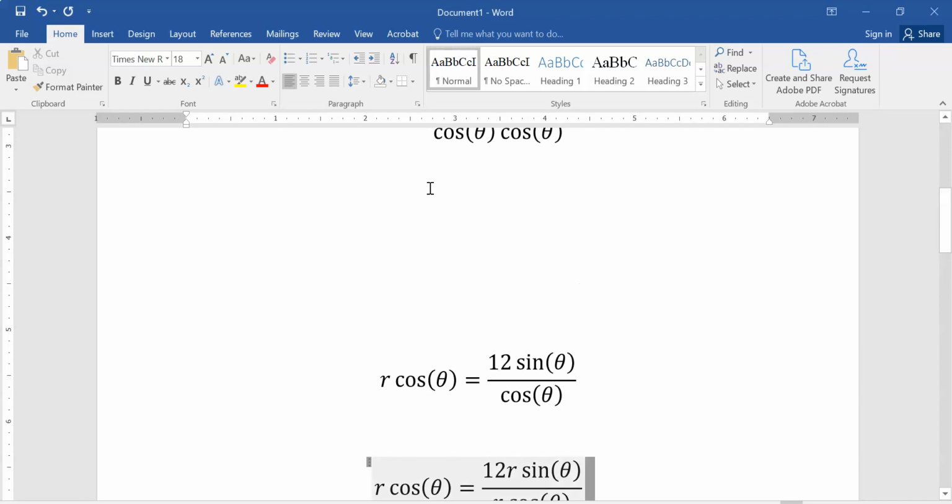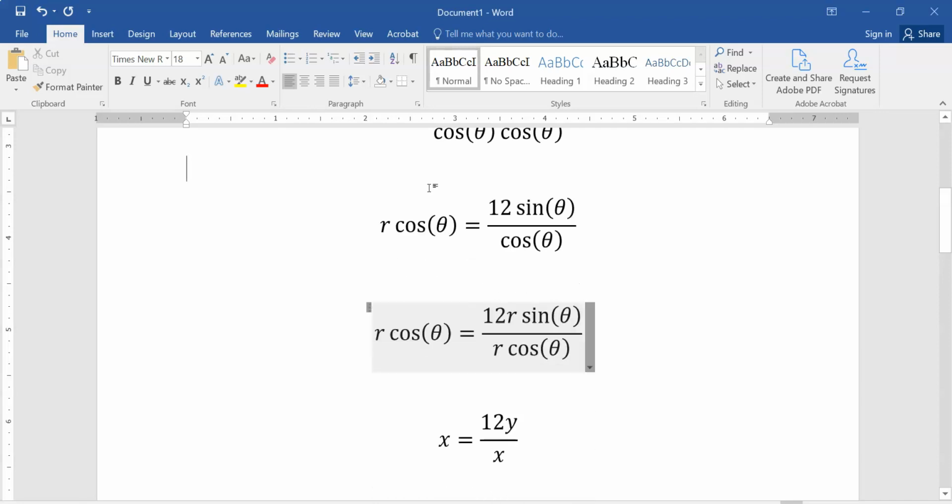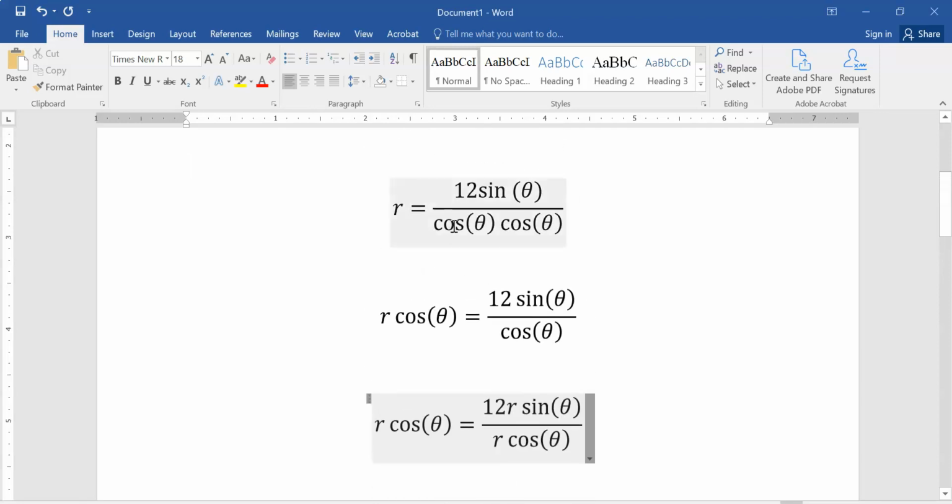Actually, let me show you the step there. So multiplying by cosine over here, leaving one of the cosines underneath. So r cosine theta equals 12 sine theta divided by cosine theta. Now, just like multiplying both sides of an equation by the same number doesn't change it, multiplying the top and bottom of a fraction by the same number also doesn't change it.